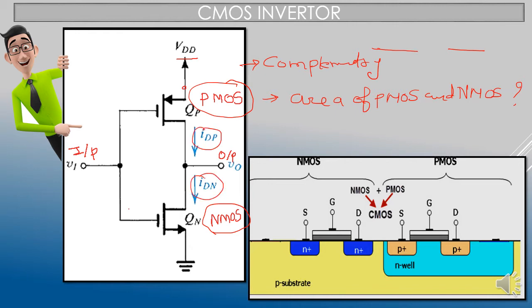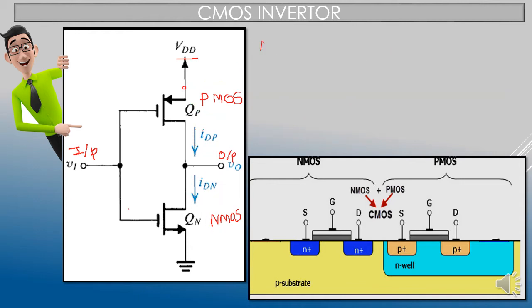Let's assume one condition when both MOSFETs are in saturation. Then in saturation, ID is some constant K times (VGS minus VT) whole square. In that case, K is the transconductance value. The transconductance value of PMOS and NMOS must be the same.